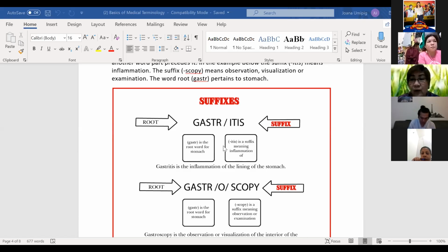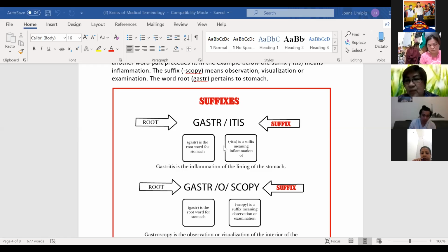So you put the suffix itis, meaning inflammation or infection, and combine them together to form a medical term. It's called gastritis.